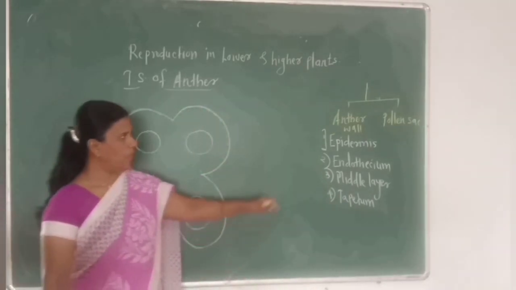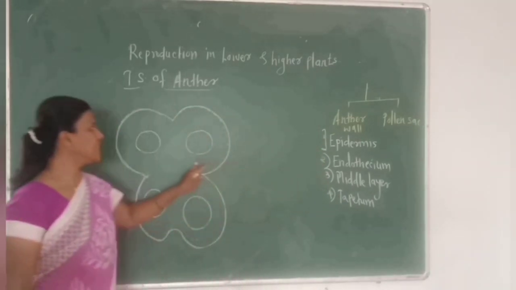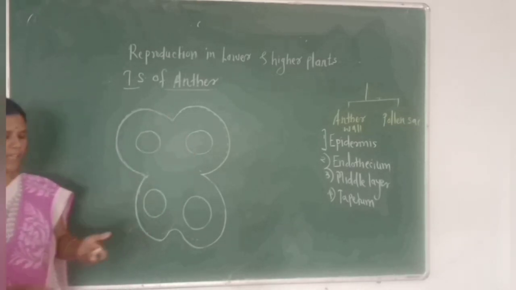Now we have to label all these layers in this diagram. This is the diagram of tiers of anther.